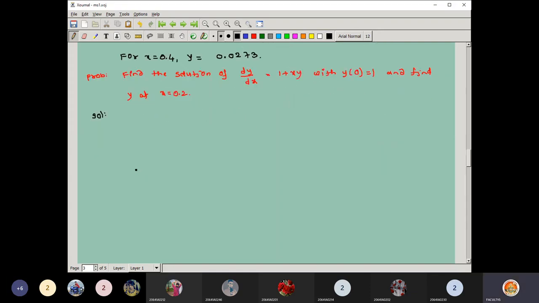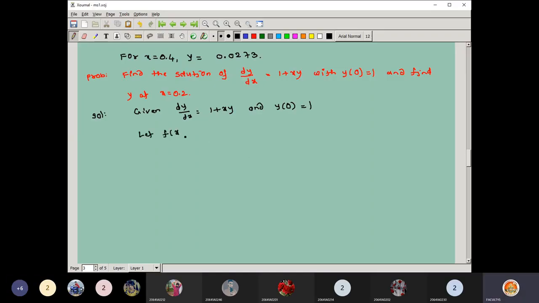So you are using Picard's approximation method in order to get your answer. Fast. Given dy by dx equal to 1 plus xy, and condition y of 0 equal to 1.